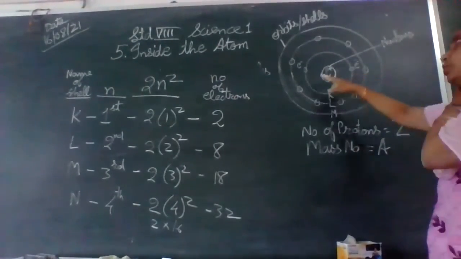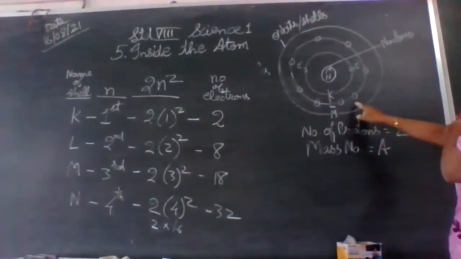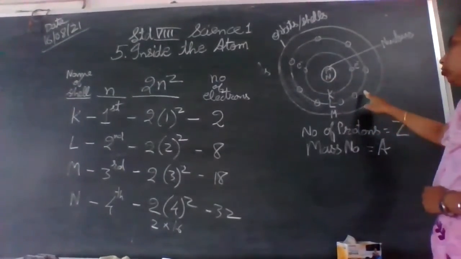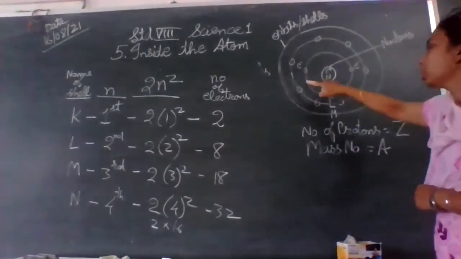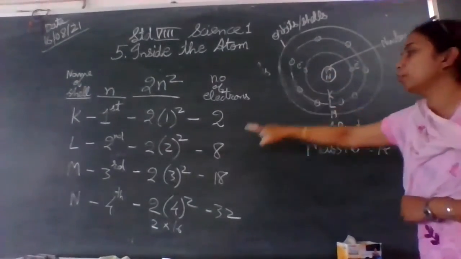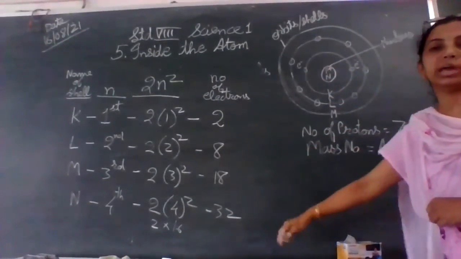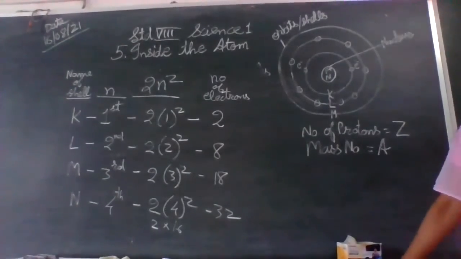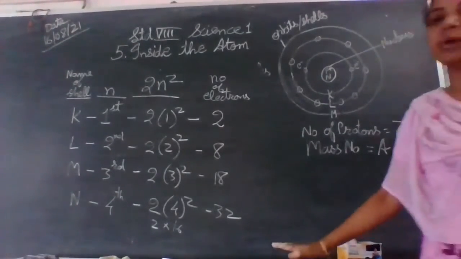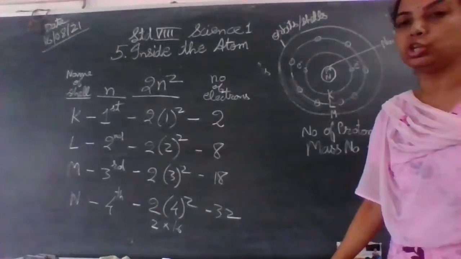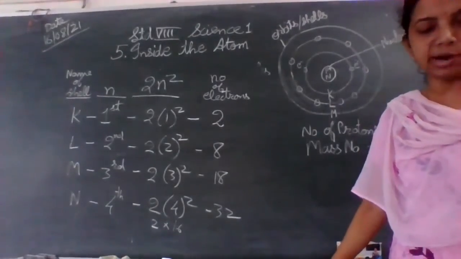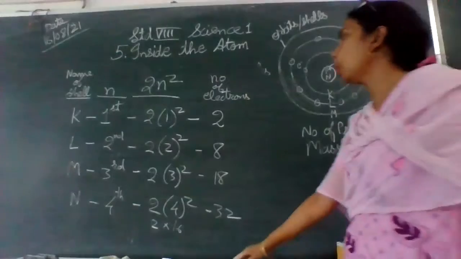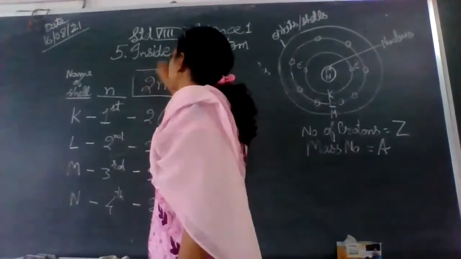So always we have 2 electrons in the K shell, in the L shell we can accommodate 8, and that way we can find out the number of electrons that can be accommodated in the orbits around the nucleus of an atom. This chart is very important, and this 2n squared formula also.